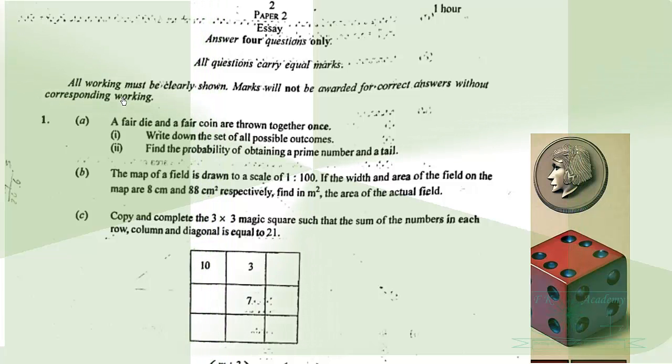So the possible outcome will be this: a head and 1, a head and 2, a head and 3, a head and 5, up to a head and 6.